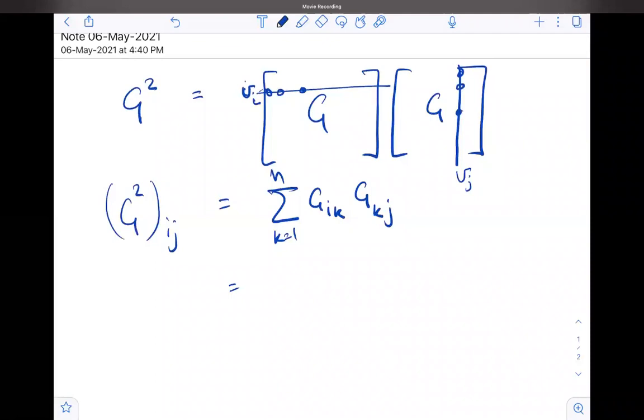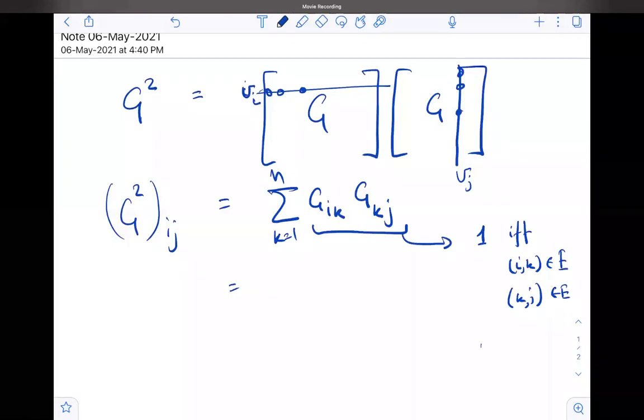Now, when is this quantity 0 and when is it 1? Since the entries are just 0 and 1, this is 1 if and only if ik is an edge in the graph G and kj is an edge in this graph, right?